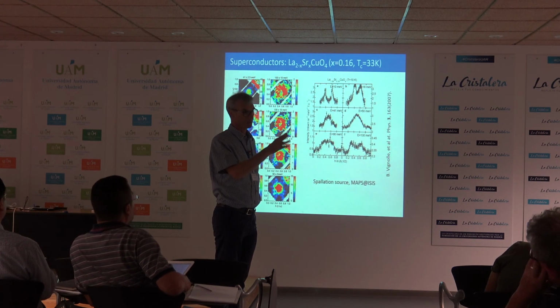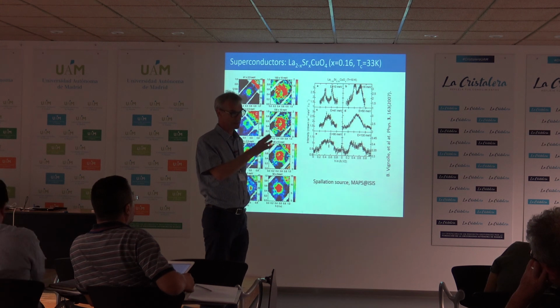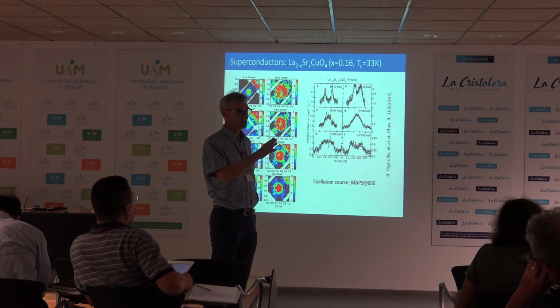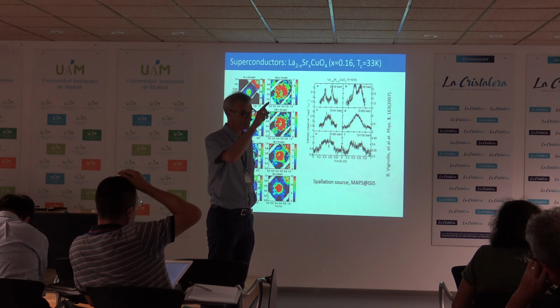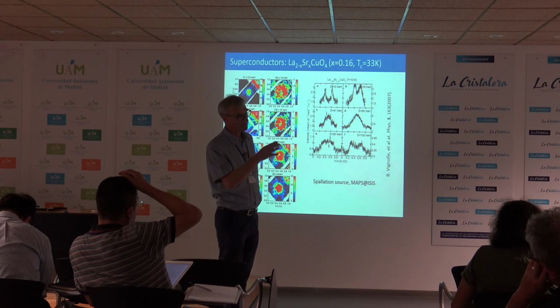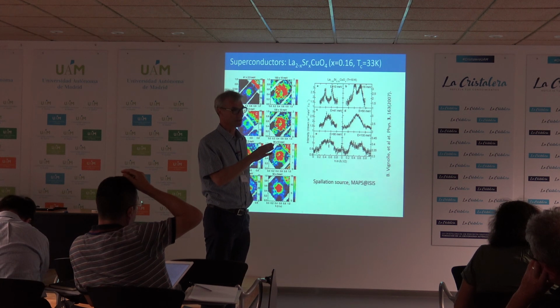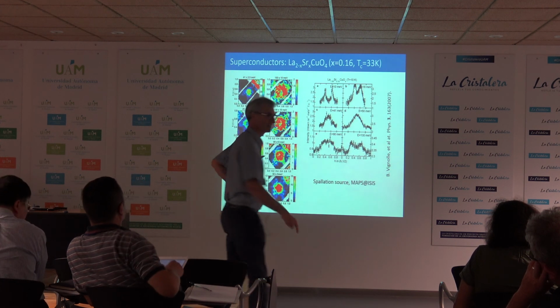So you may be right. You have to do a detailed calculation to see how it sums up in the real part. It is possible, I agree with you. I'm not sure we really have that information now, actually. Exactly. Yeah.